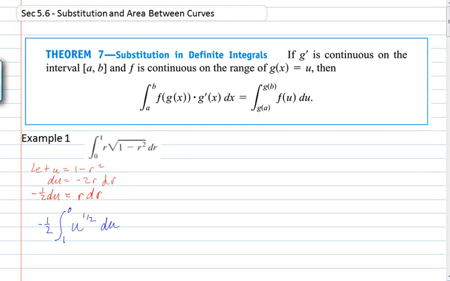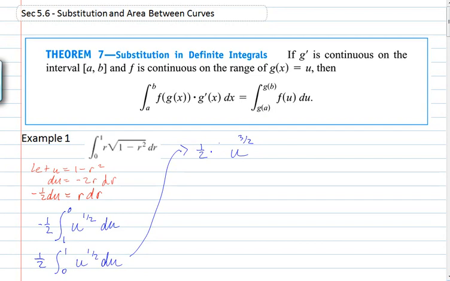So now we're going to integrate this. And by the way, how can I get rid of that negative there? Flip your bounds. Right? Because that's one of the rules that we memorized in 5.4. Okay. So this is going to be 1/2 times u to the, add 1, you get 3/2.